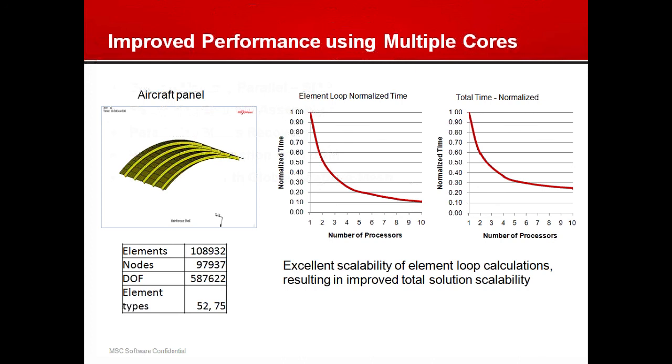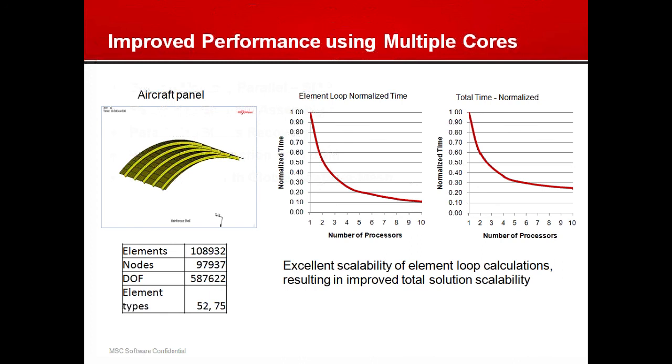And this analysis was done on a machine with an Intel chip, 2 chips, each chip having 6 cores, so 12 cores altogether. We usually like to leave a few cores for the operating system, but you can see in such a model that using 10 of the 12 cores, effectively one gets a speed up of the element loops, meaning the assembly and the stress recovery loop, of close to a factor of 10.